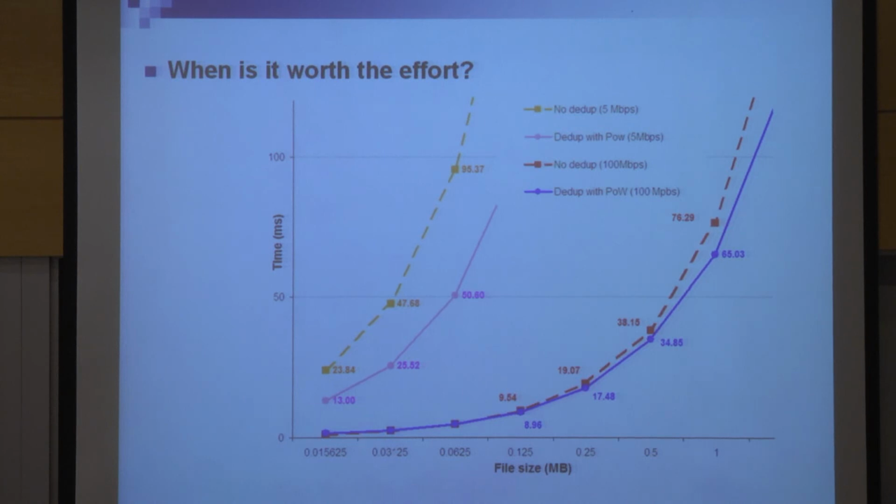But what we see is that you're better off doing deduplication with the proof of ownership that we presented. And this is assuming a 2-to-1 deduplication ratio, which is pretty reasonable. And this is for any file size. So as the files grow, it becomes more and more apparent that you're better off doing this proofs of ownership than actually running. So the dedupe with proof of ownership is always lower.